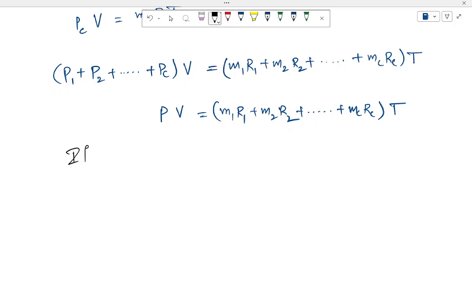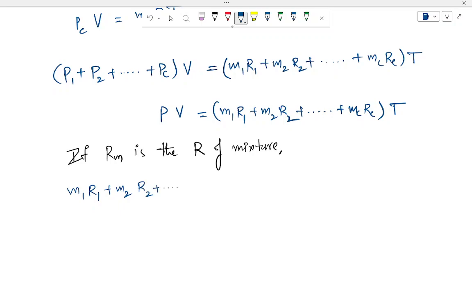If Rm is the particular gas constant of the mixture, then we may write this whole thing like this, because M1 R1 plus M2 R2 plus so on plus MC RC will now be equal to M1 plus M2 plus so on plus MC, into Rm.